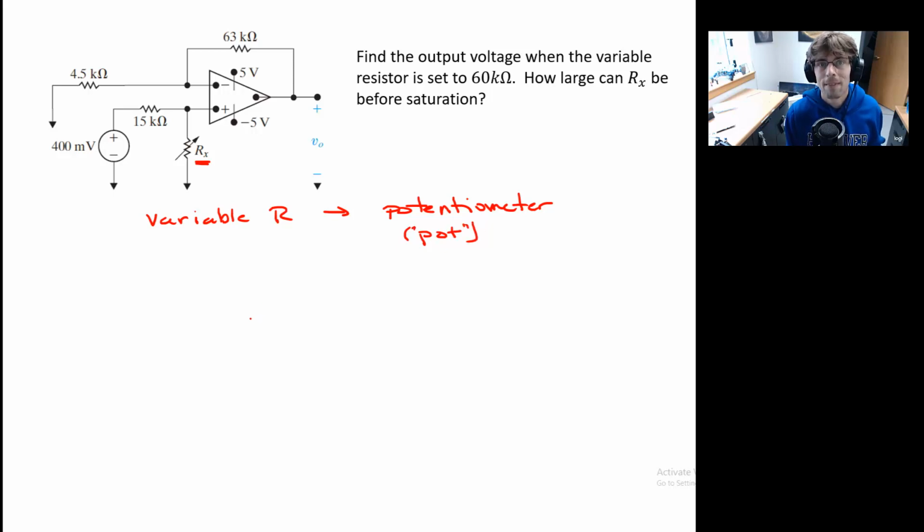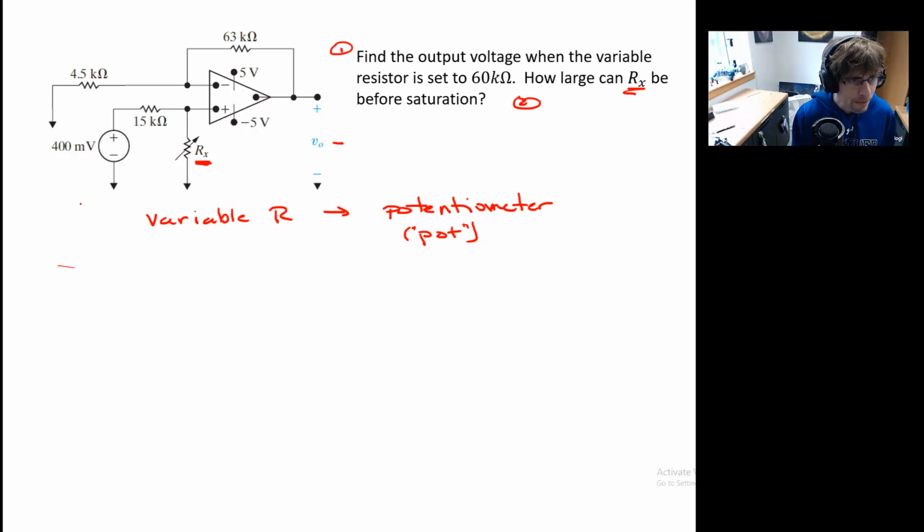So find the output voltage, V out, when the variable resistor, Rx, is 60 kiloohms. That's number one. Number two, how large can Rx be before you saturate the circuit? We'll cover both of those in turn. Go ahead, take a minute, hammer it out. You got it? Good.